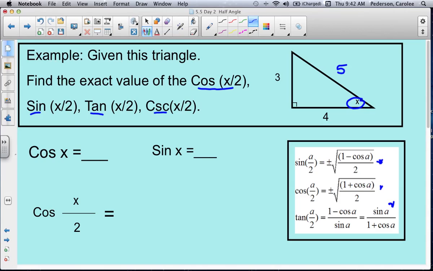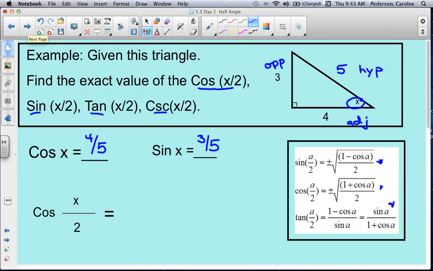So cosine of x is adjacent over the hypotenuse. So 4 over 5. So that's what we did earlier in chapter 5. So then how do you find the sine of x? 3 over 5. That is the opposite over the hypotenuse. So that is just regular trig. Cosine of x equals 4/5, sine of x equals 3/5.